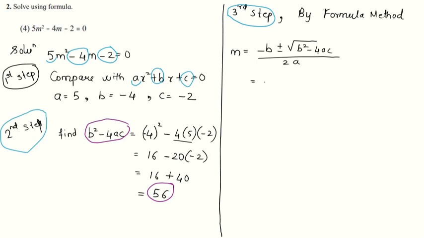So minus from the formula, and b is minus 4, plus or minus square root of b square minus 4ac is 56 upon 2 into a is 5.